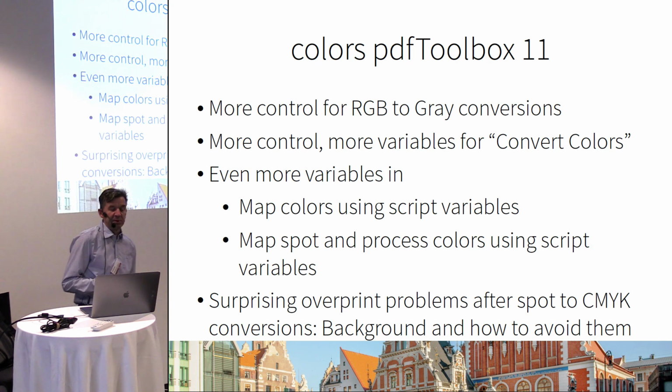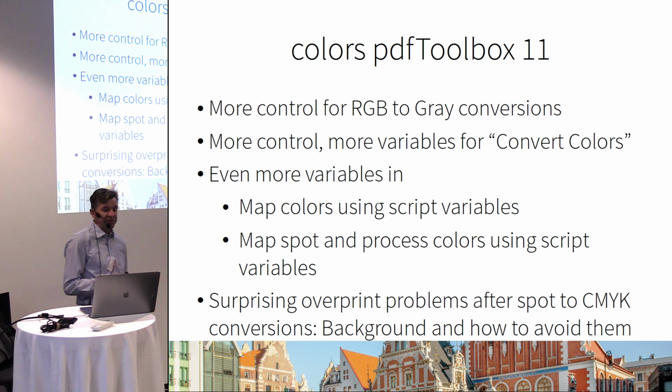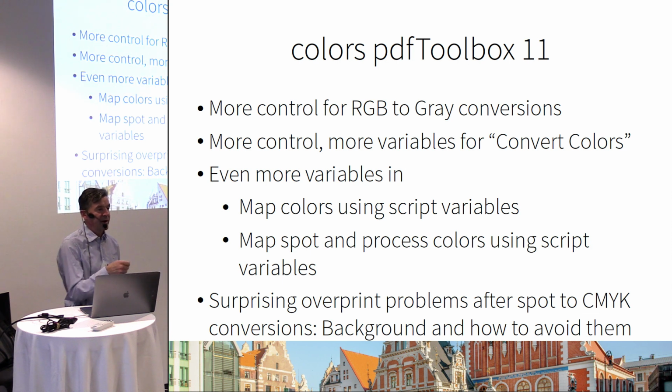More control via variables for convert colors. Two new fixups related to color mapping, so mapping one color to the other. There you have more control, or you can better use variables. And then something about overprint issues when you convert spot colors to CMYK. There is a new process plan for that.